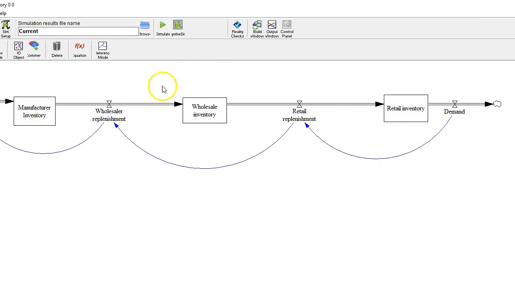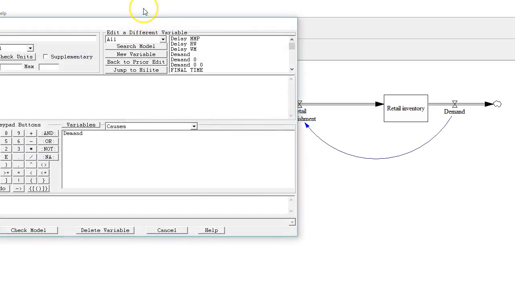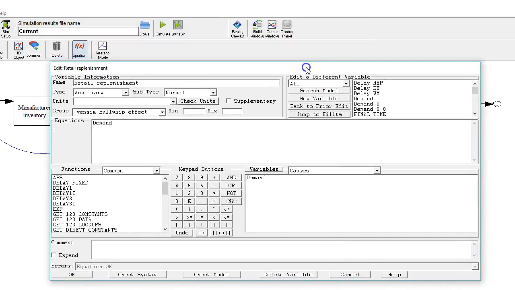As you can see, the flow of the information that goes from the demand to the amount to be sold or distributed to the retailer is automatically considered. If I go to the formula without getting too technical here, if I show you the formula that I have for that flow, here is the formula.